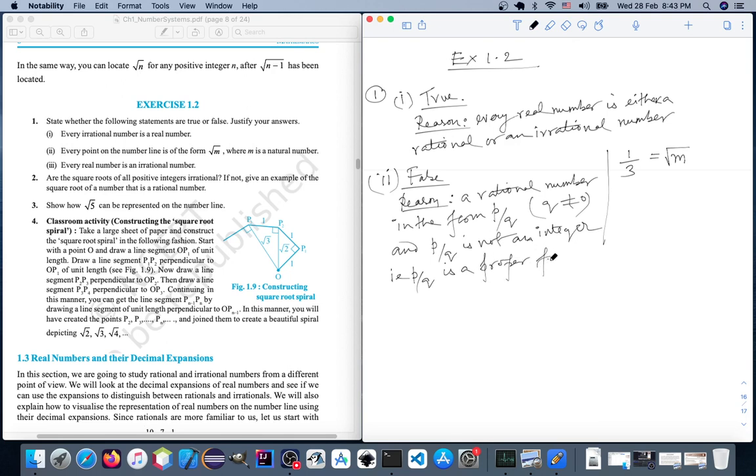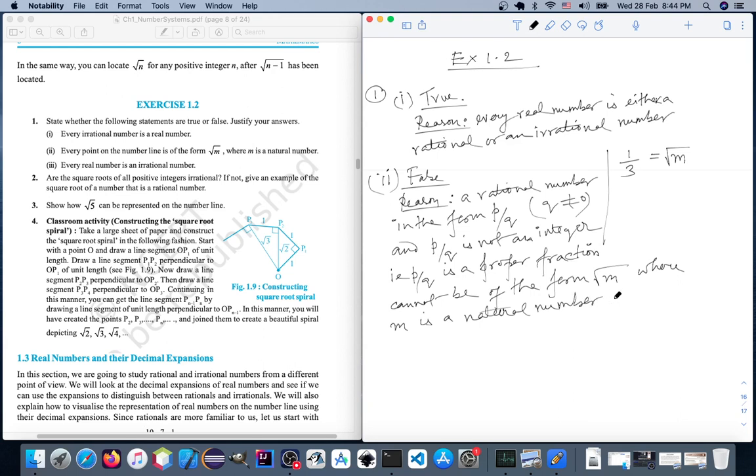You have learned fractions in your previous class, so I hope you're familiar with the term fraction. A rational number cannot be of the form root over m, where m is a natural number.